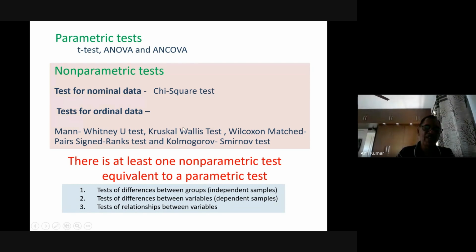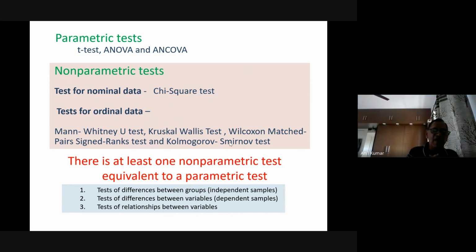Then within that, if nominal data is there, the chi-square test is available. Chi-square, you are now sure, is a non-parametric test. When ordinal data is available, then you can think of non-parametric tests like Mann-Whitney and so on.